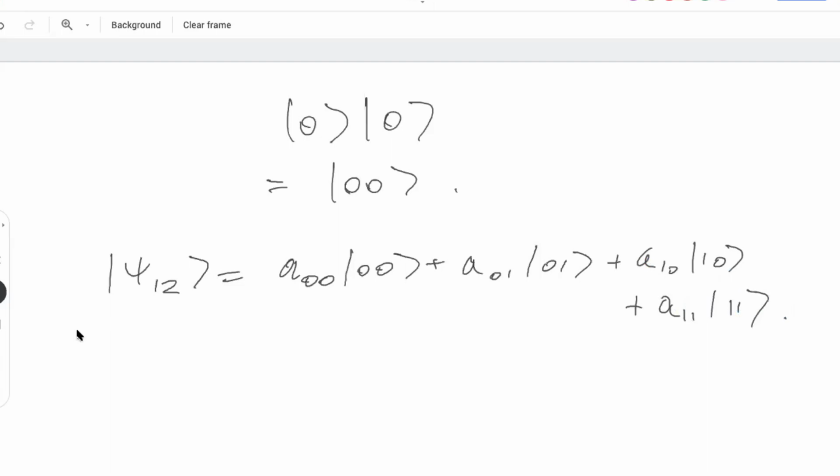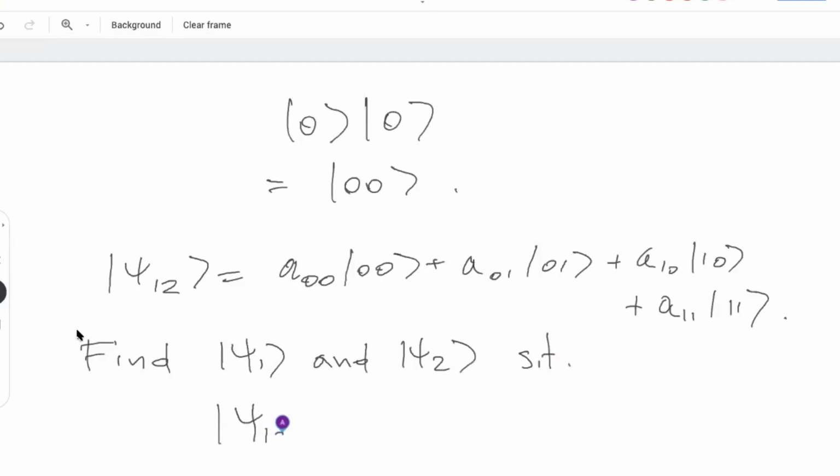And I ask you, find psi 1 and psi 2, single qubit states, such that psi 1, psi 2 is equal to this state. The question I have for you is: is it always possible to find such psi 1, psi 2?